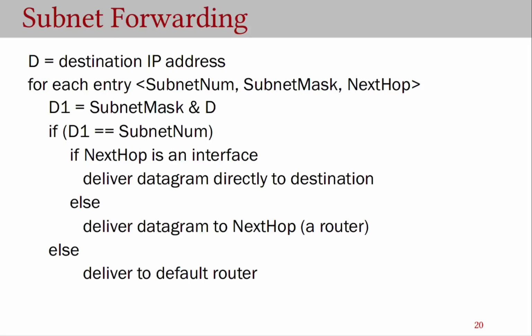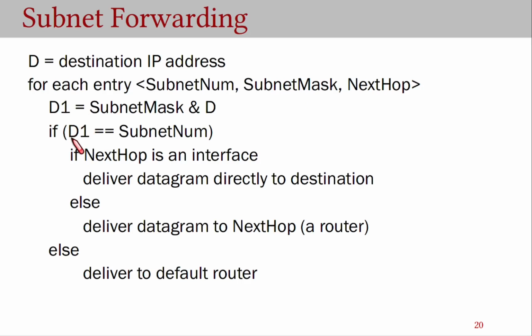So here is our IP forwarding that's modified to accommodate subnets. Let's suppose D is the destination IP address. And each entry in the forwarding table that we just saw has this form: subnet number followed by subnet mask followed by next hop. We're going to do a bitwise AND of this destination address with this subnet mask. That would give us the subnet number.